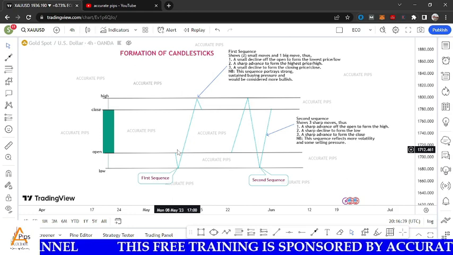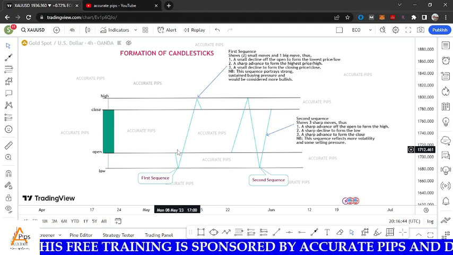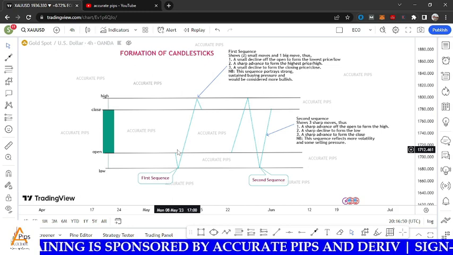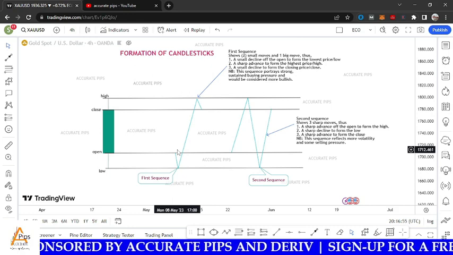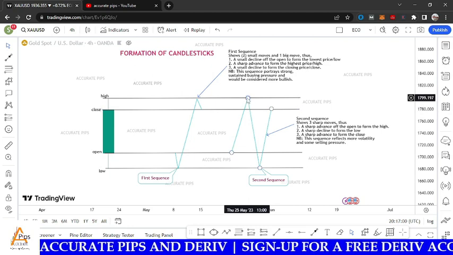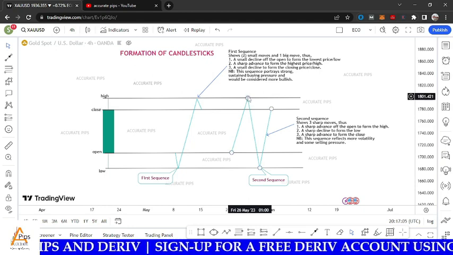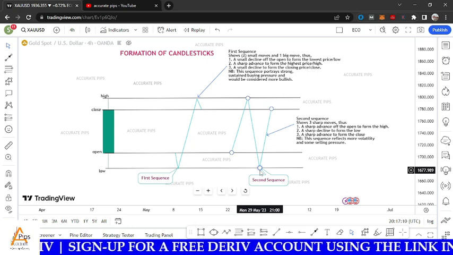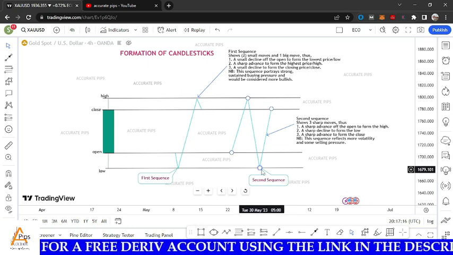second sequence. Unlike the first sequence that shows us two small moves and one sharp move, the second sequence shows us three sharp moves. The first move is a sharp advance from this open to form the highest price, and just after forming the highest price, we see another sharp move down, a sharp decline, to form the lowest price for that same period.